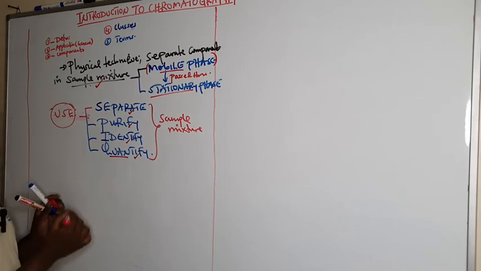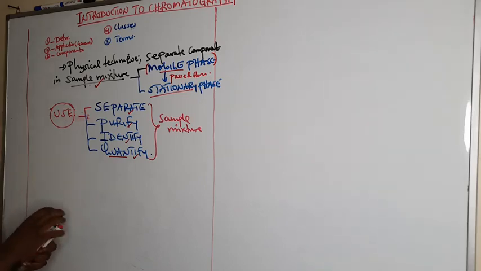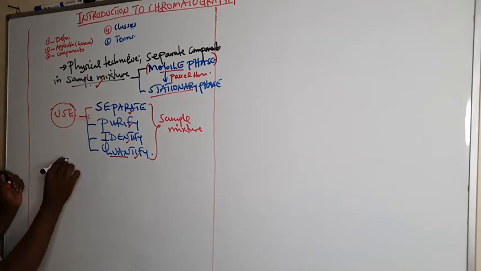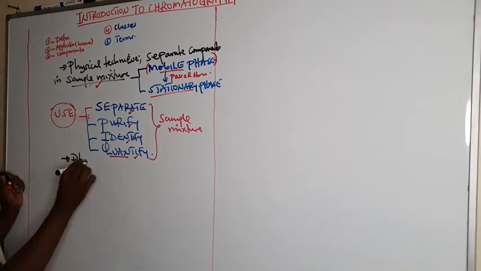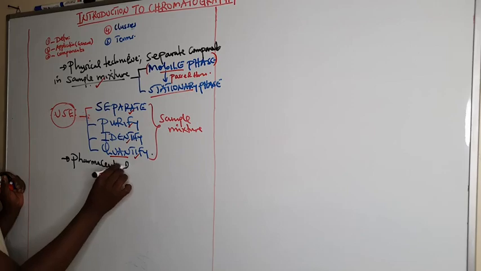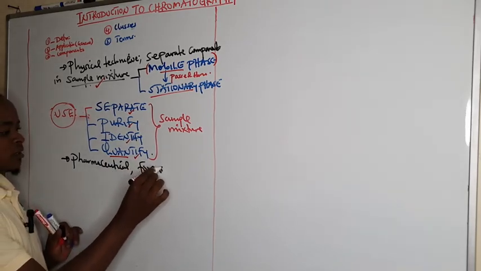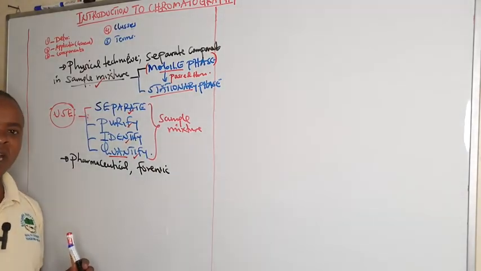And it is being applied in different fields, whereby it is applied in pharmaceutical chemistry labs, where there is developing of drugs. We are applying it in forensic medicine to identify drug addicts.